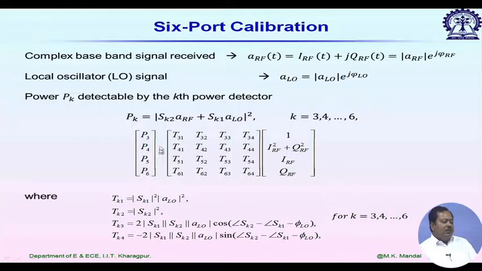So, what we have to do, we have to express the power available at port P1 to port P4. Here it is shown P3 to P6 actually, and we have to express them in terms of I and Q, and from that we have to calculate this T matrix by measurement.